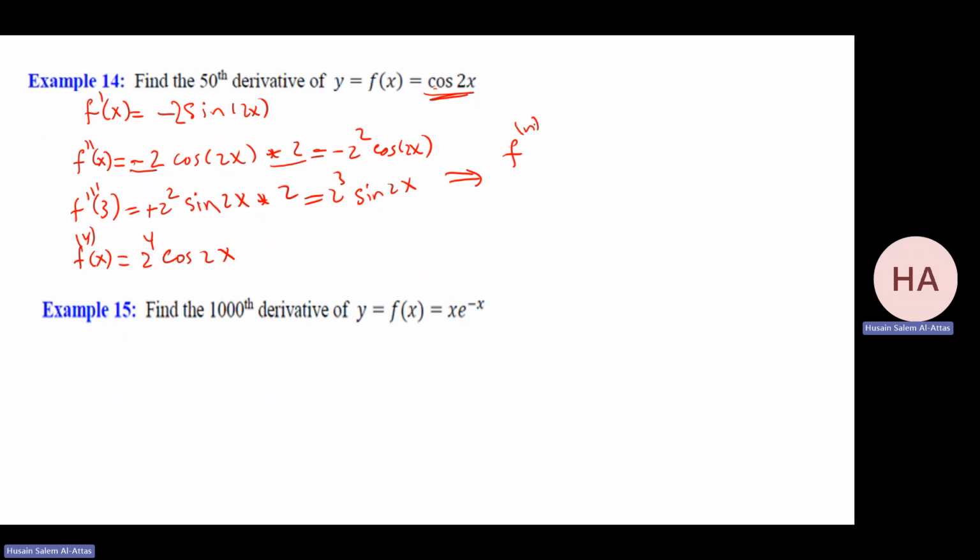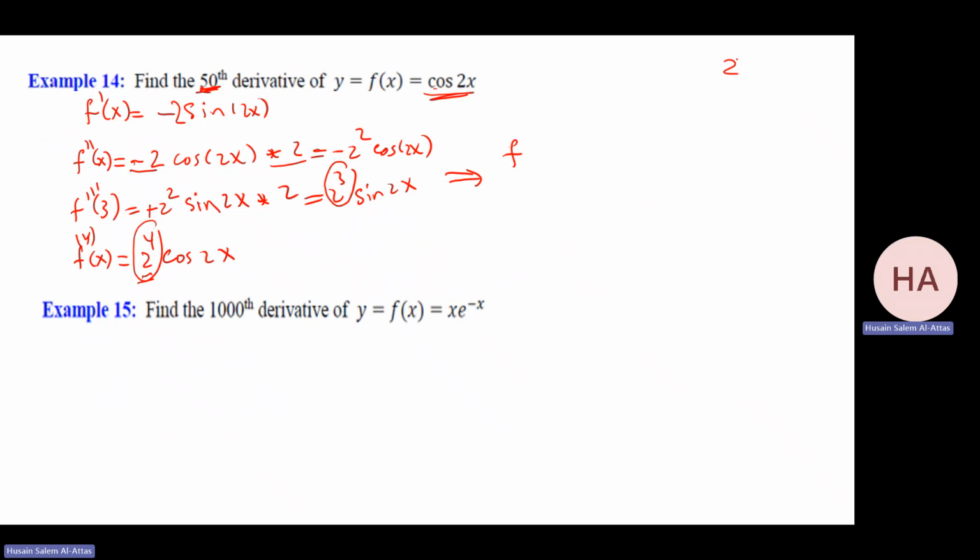So what will be the nth derivative? Or let me say the 50th derivative. I know every 4. Now the number is 2 to the power n. But the value depends on the function; I have cosine 2x.